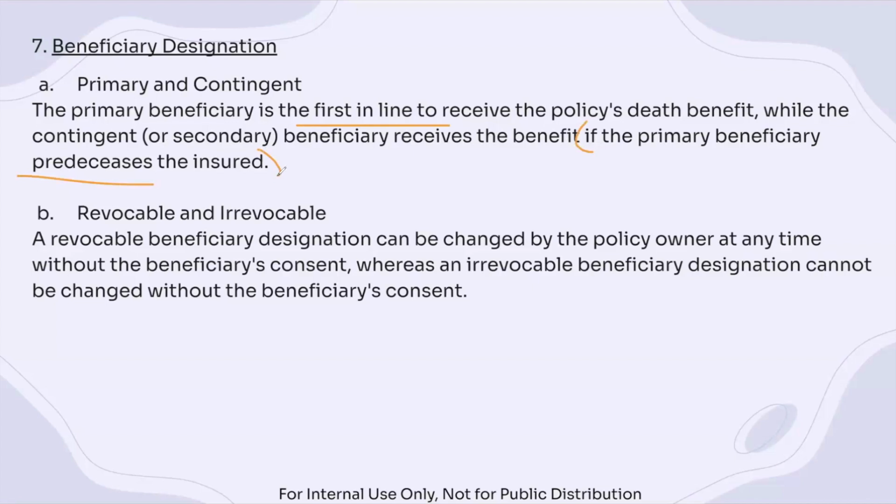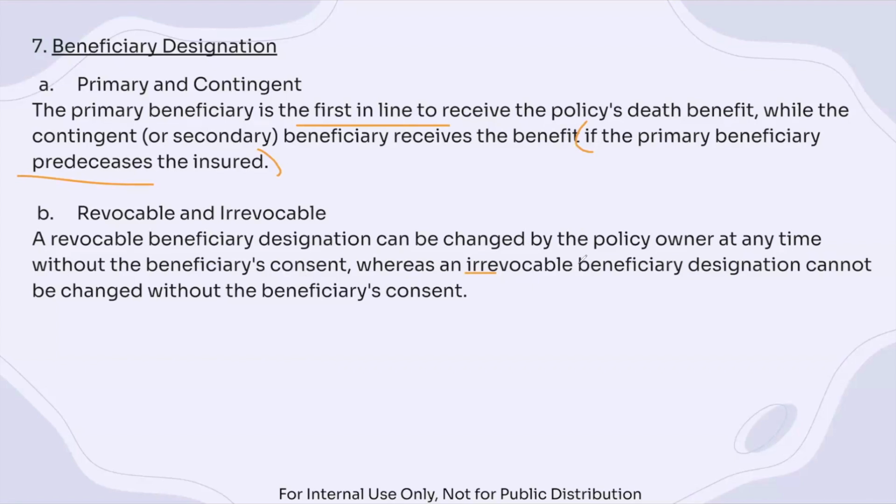For example, extended relatives. Now we also have something else called revocable versus irrevocable beneficiary designations. A revocable beneficiary designation can be changed by the policyholder at any time without the beneficiary's consent. But with the irrevocable, think about the prefix "ir". Irrevocable means the policy owner cannot change the beneficiary without their consent.